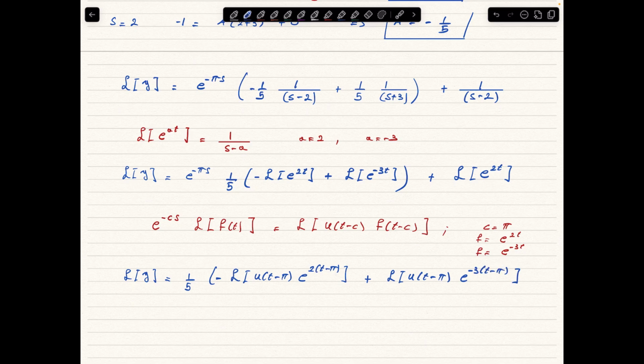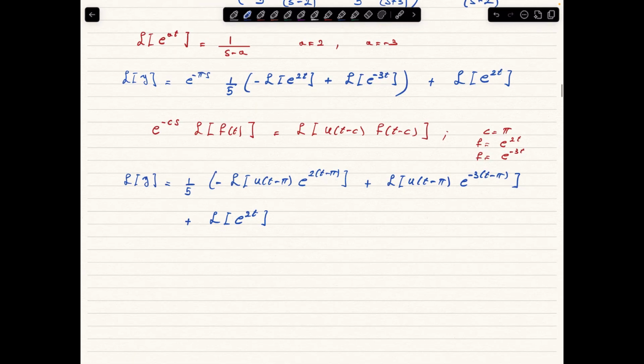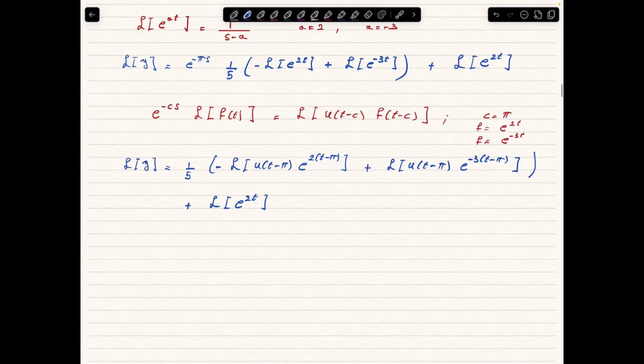And we still have the factor Laplace transform of exponential 2t. And the 1/5 only multiplies the first two terms. That's it. We got our result.